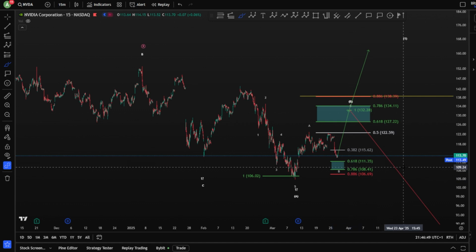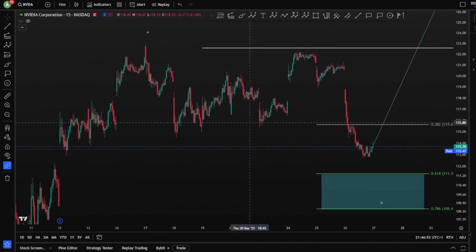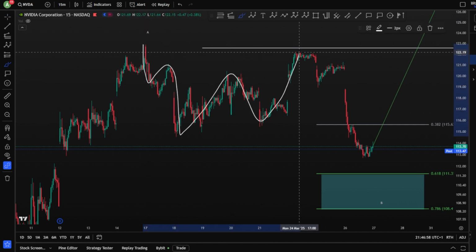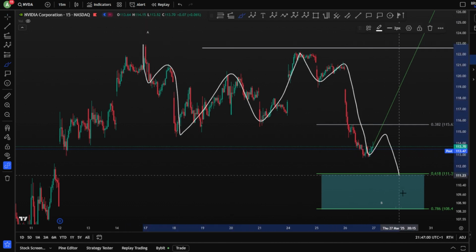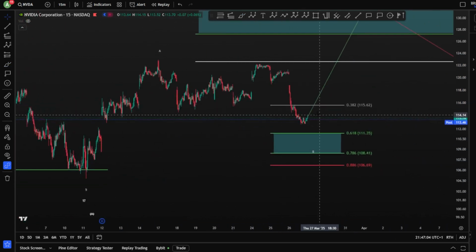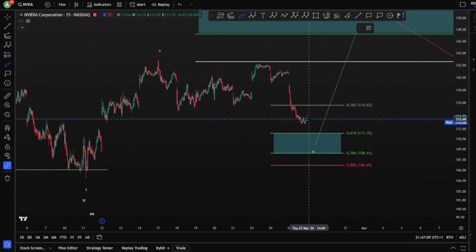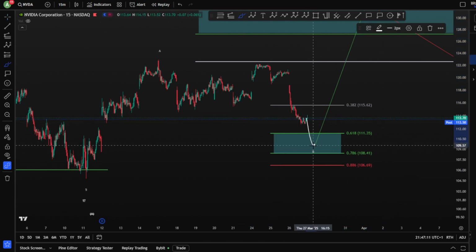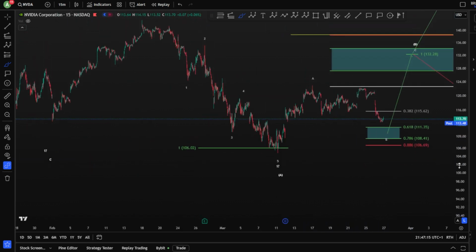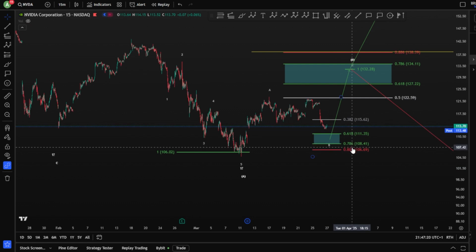Now, if you want to read this correction a little bit in the micro, you are looking at a potential ABC, of course, here. 3 waves down, obviously, 3 waves up, 1, 2, 3, 4, and a 5. A perfect hit is the next blue box, meaning this move towards the upside has to move from this blue box first, meaning we still have a small drop, and then move toward the upside after, of course, hitting the perfect targets for a wave 2, basically between the 0.618 and 0.786.